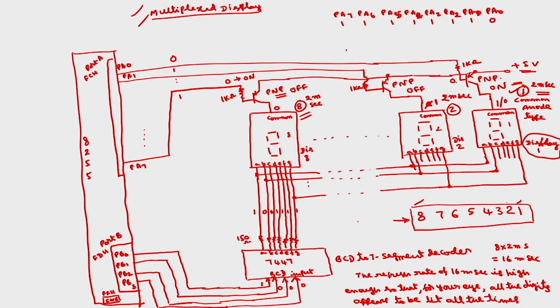You might have seen rolling displays at many places, such as advertisements rolled at some rate. You can extend the same logic to design a rolling display also. First I will write the program to display 1 to 8 on the 8 seven-segment displays, following the procedure that I have explained.